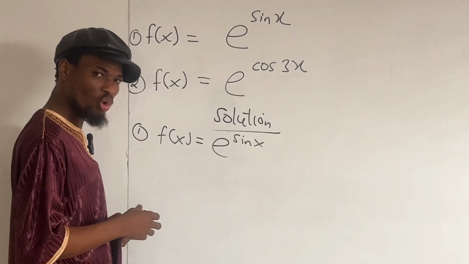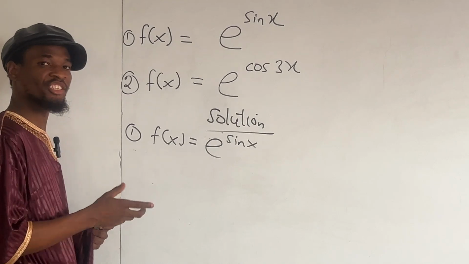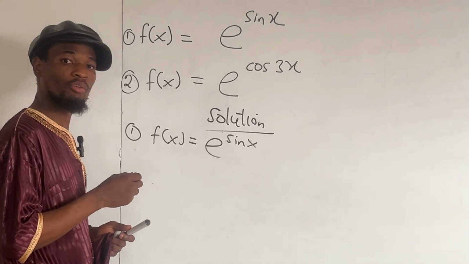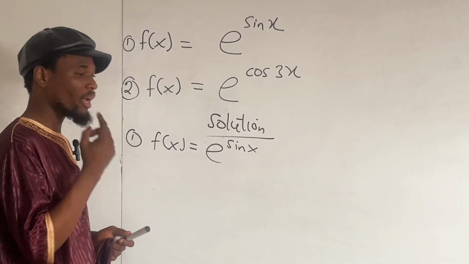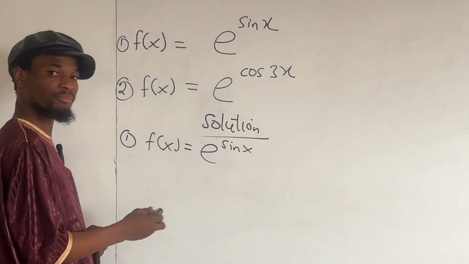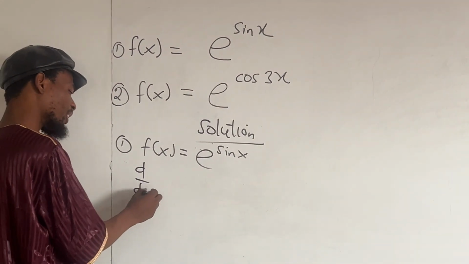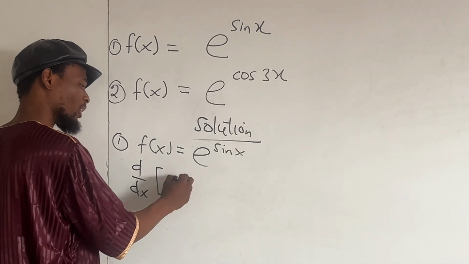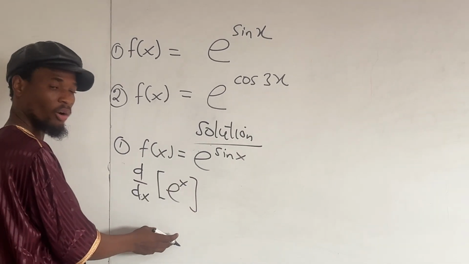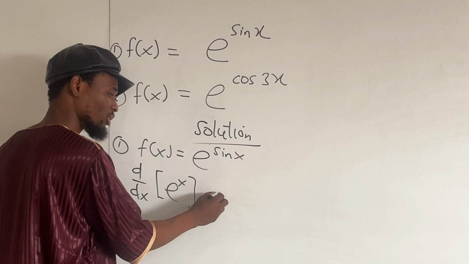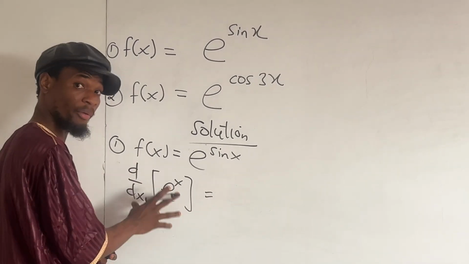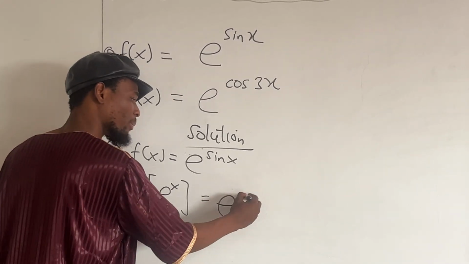Viewers, we already know that when you differentiate sine, you will have cos. And whenever you differentiate an exponential function this way, e to the power x, it yields the same result. You are going to get e to the power x.